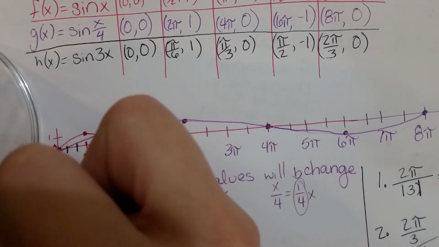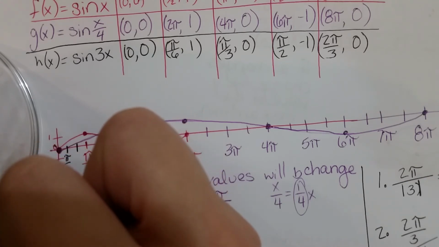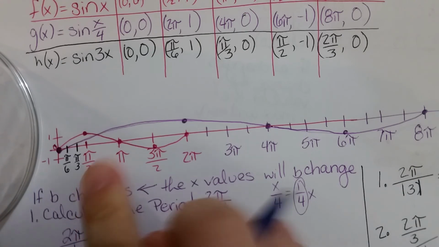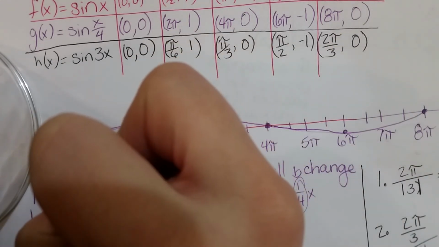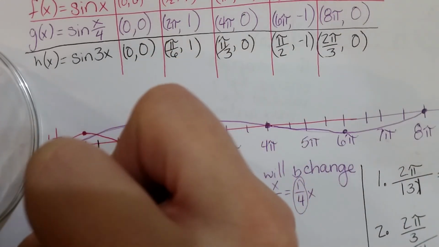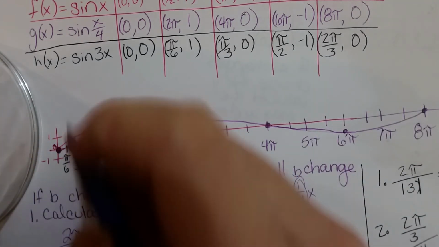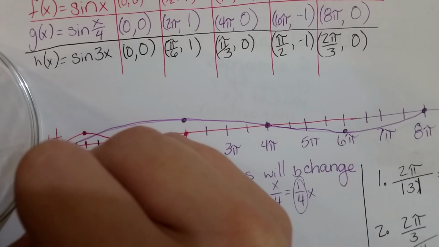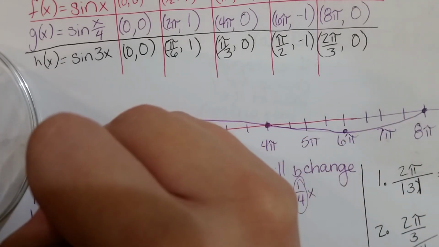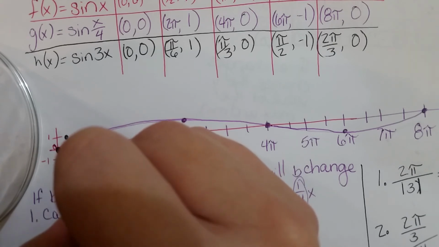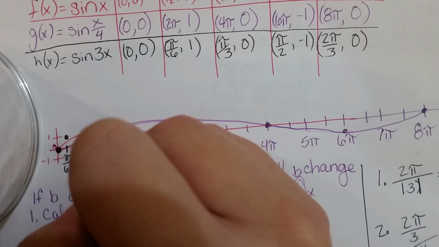So I can add those in writing if you want. And then after π over 2, I almost immediately will still have this 2π over 3. Okay? So here's what happens. I have a point here, up, down, down, and back up.